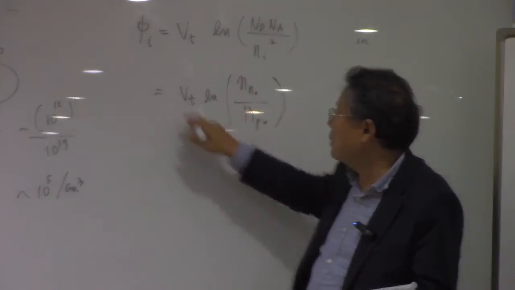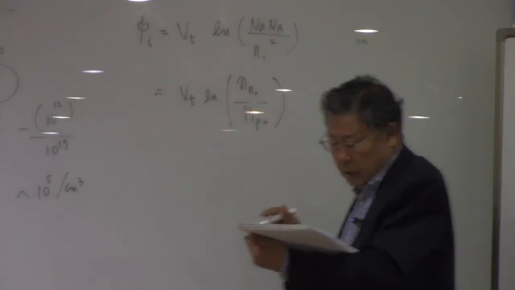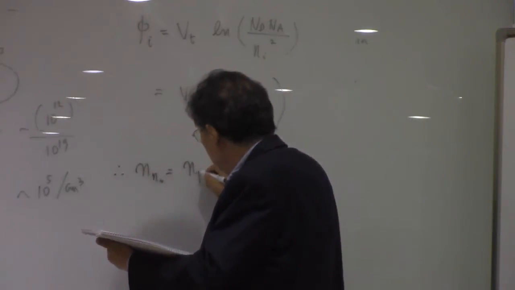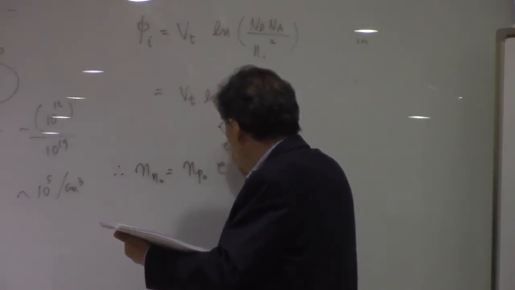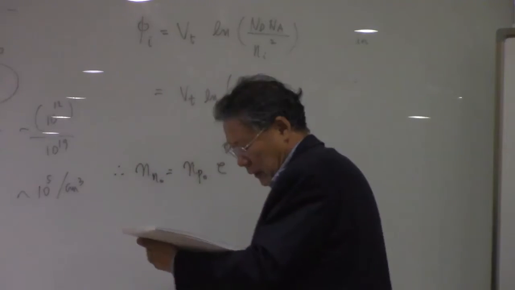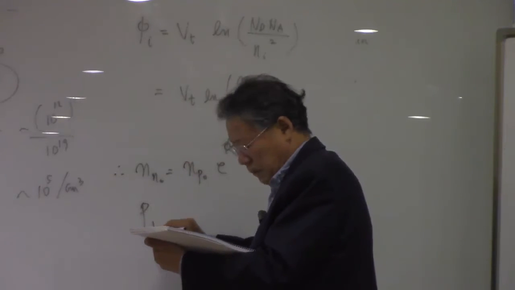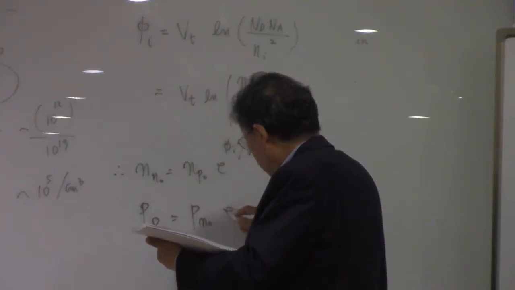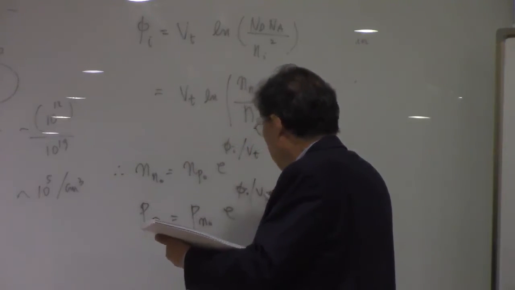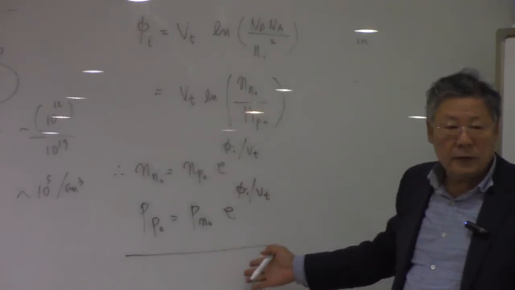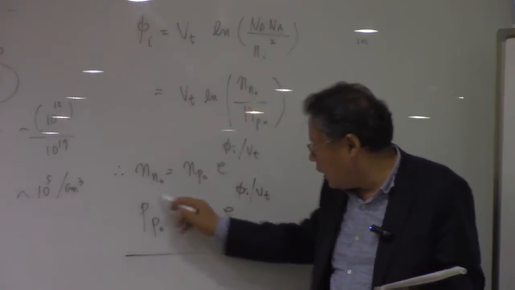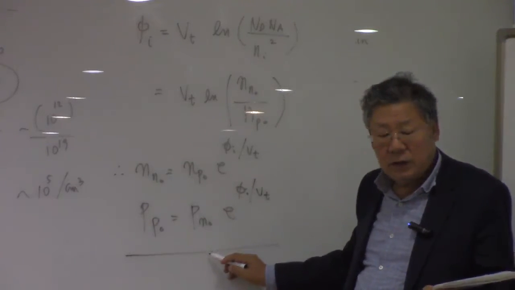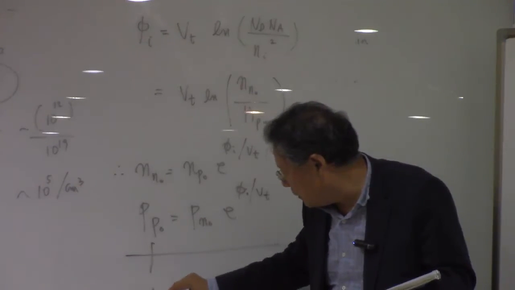That is just related to the built-in potential. N_N0 is equal to N_P0 e to the phi_i over V_t. And P_P0 is equal to P_N0 e to the phi_i over V_t. Now what it says is that the majority carrier can be expressed with the minority carriers. Okay, this is the majority carrier.